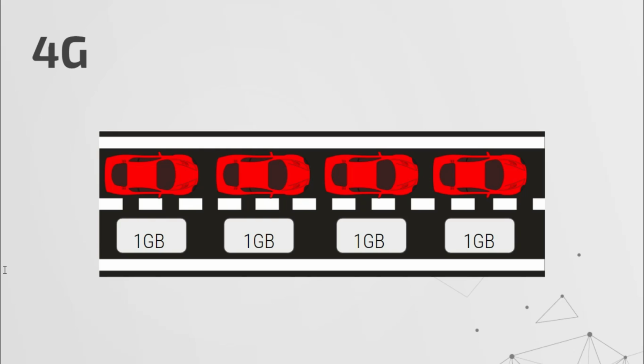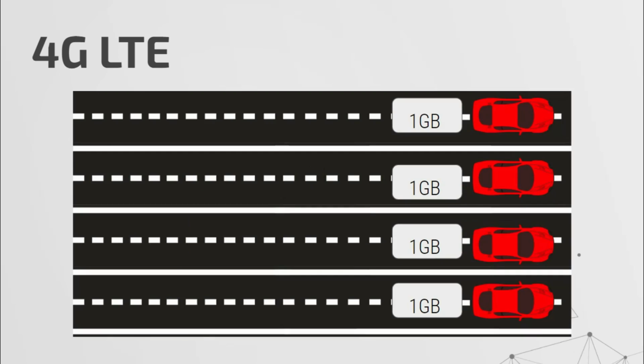In the case of 4G, it will have a single path, which slows the arrival of the files. On the other hand, with 4G LTE, more paths will be enabled, so that the arrival of the files is faster. Observe how the vehicles arrive at the same time.